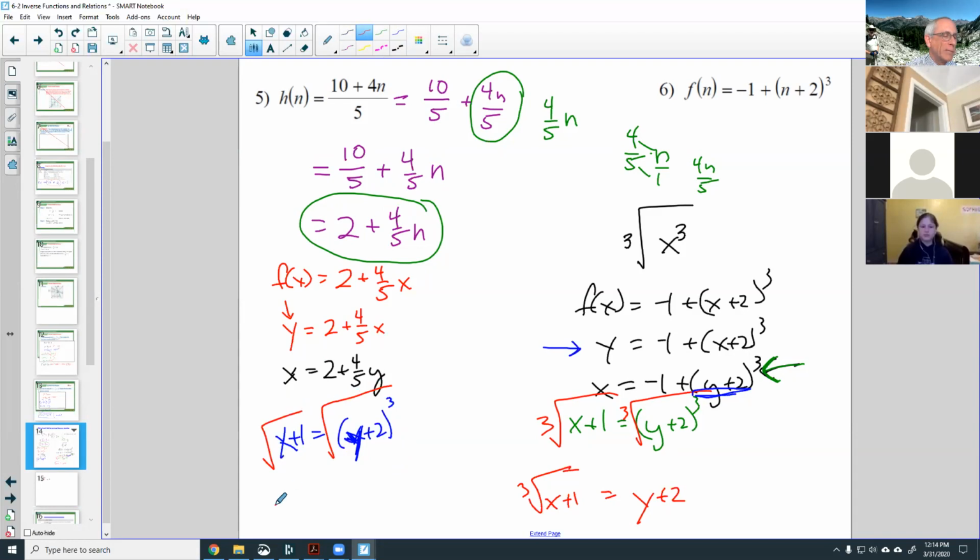So I now have the cube root of x plus 1 equals y plus 2. So now what do I need to do to get y all by itself? Subtract the 2. There you go. See it? We're good? Okay, carry on.